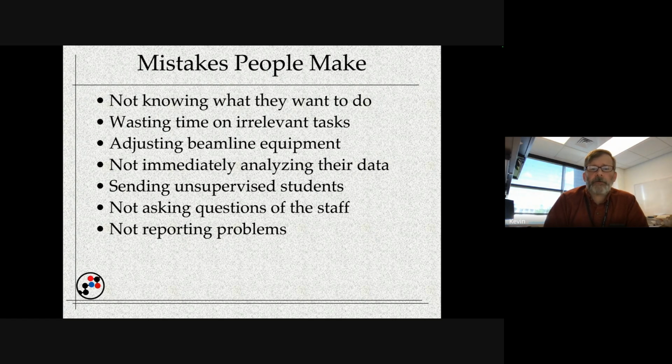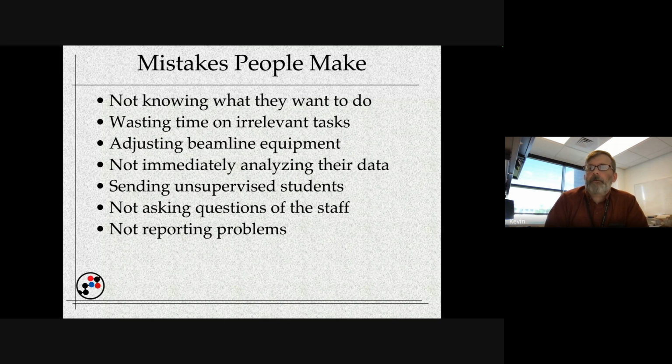Another mistake is really not asking questions of the staff when you're here. The staff should be experts at using the beamline and getting the most out of it, so if you have questions or concerns, or you don't understand something, you should certainly ask the staff.